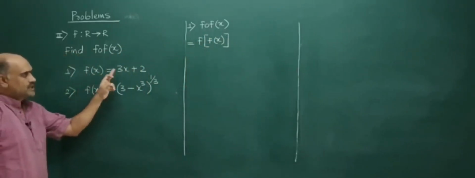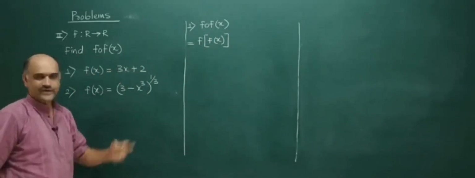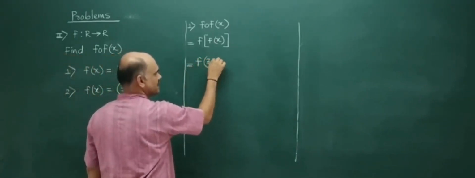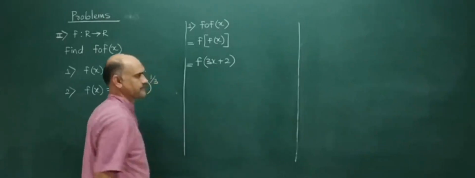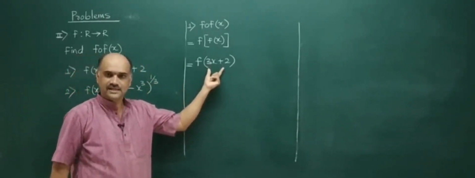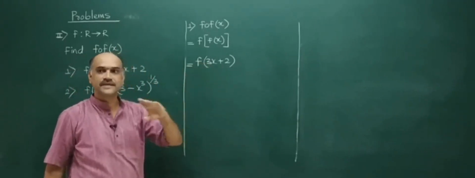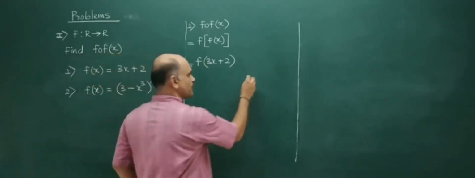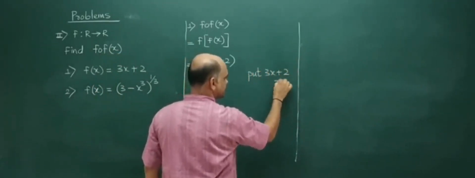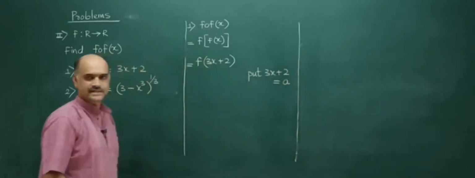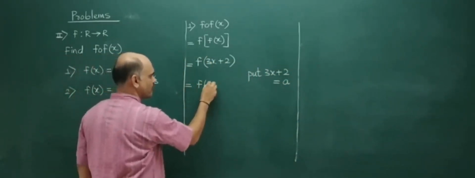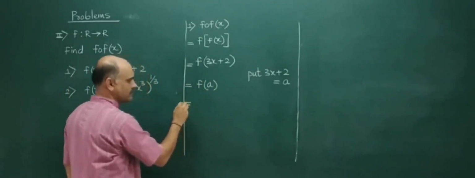Now substitute f of x. f of x is 3x plus 2. So f into bracket 3x plus 2. Now again to make it easy, you take this as a. Put 3x plus 2 equal to a. So you will have f of a.